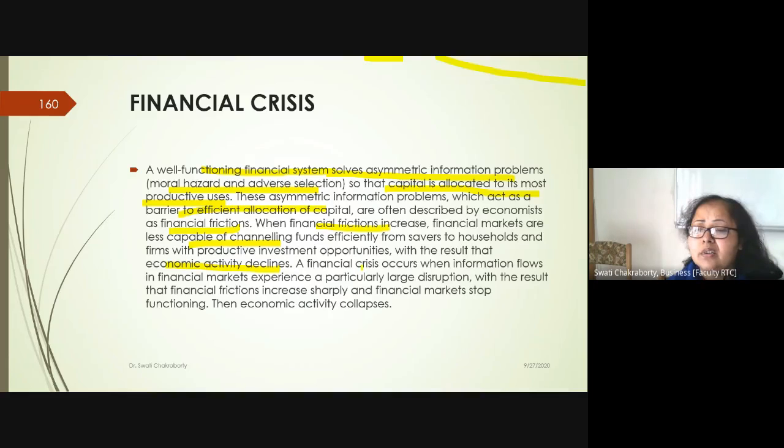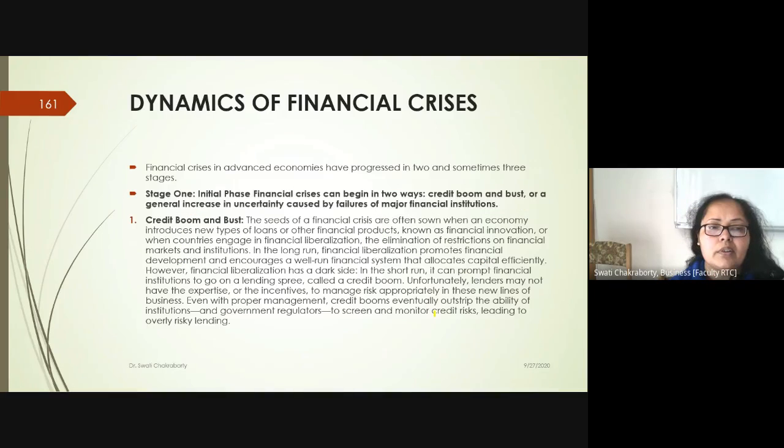Financial crisis occurs when information flows in financial markets experience a large disruption, as a result of which financial frictions increase quite sharply. Financial markets stop functioning. Then what happens? The economic activity will also collapse, right?